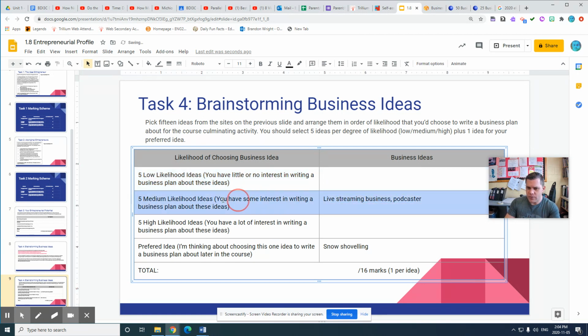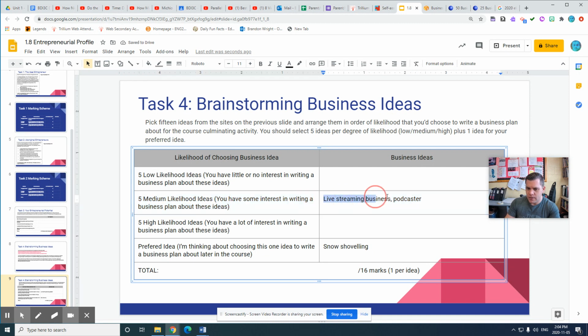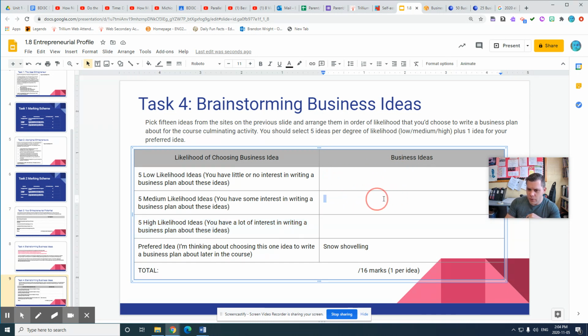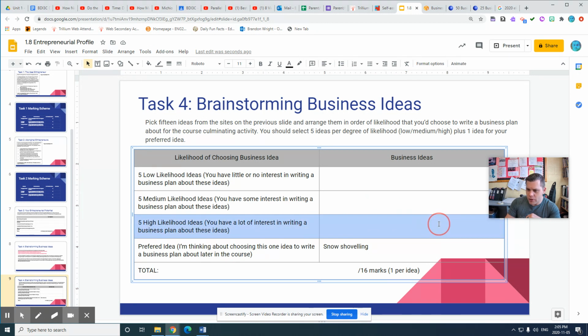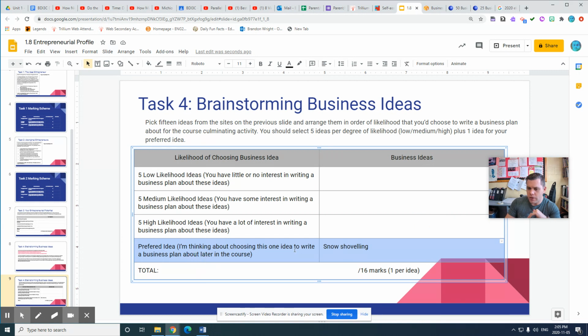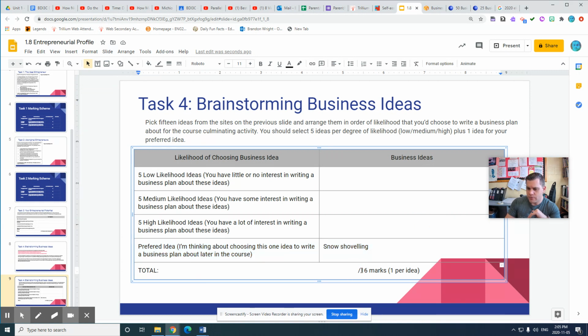This row is about some interest. And this row is about you have a lot of interest. There's a high likelihood. So pick things that you're not good at here, somewhat good at here, or really good at or really interested in here. And then your best idea will go here, and you'll get 16 marks in total for this section.